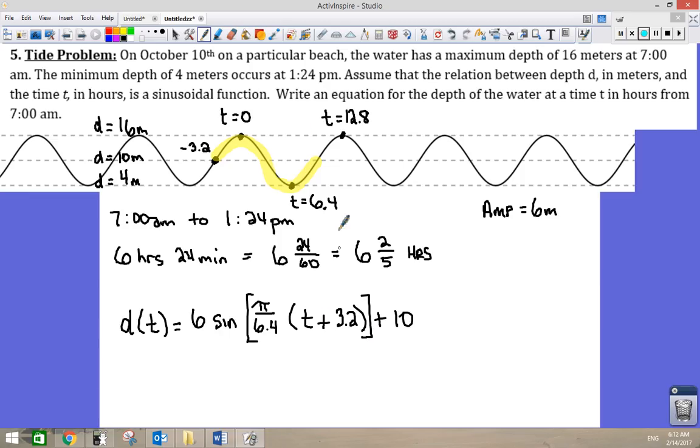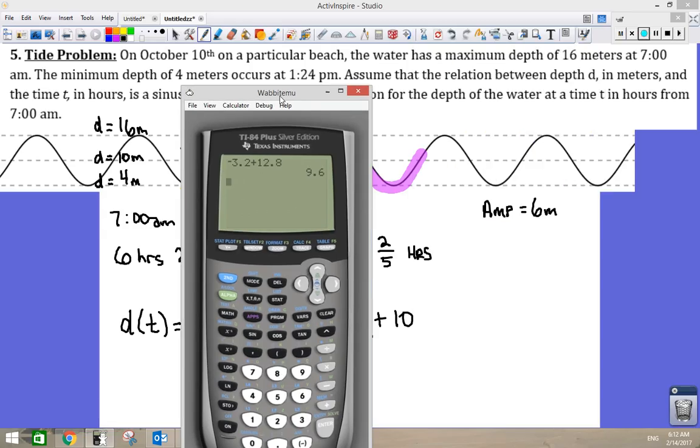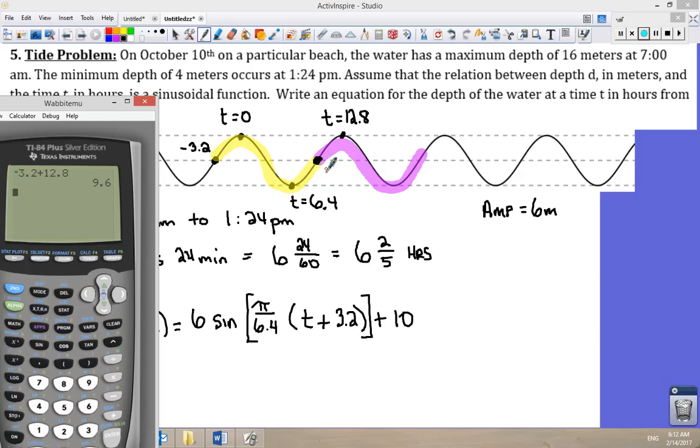Now let's say that somebody did decide to start here and to use this as their basic sine curve. So if we've got our negative 3.2 plus 12.8, so if our starting position was here at 9.6, what would we have?